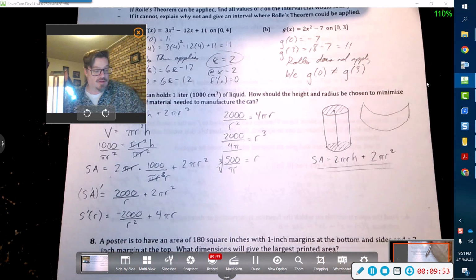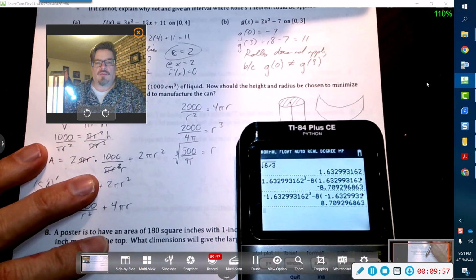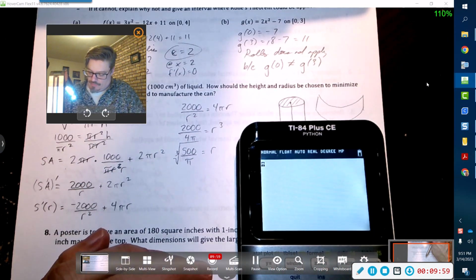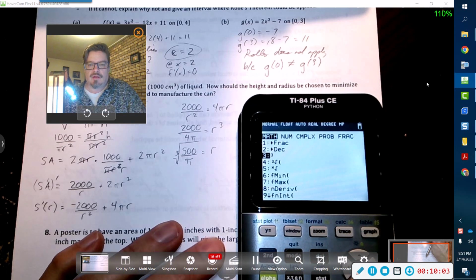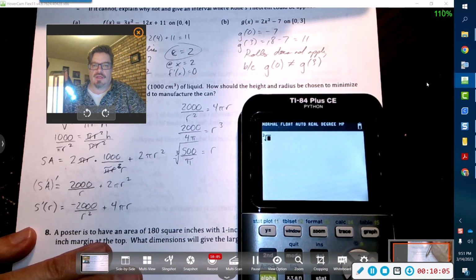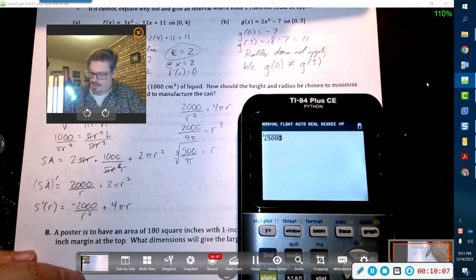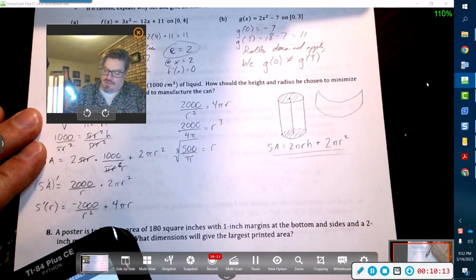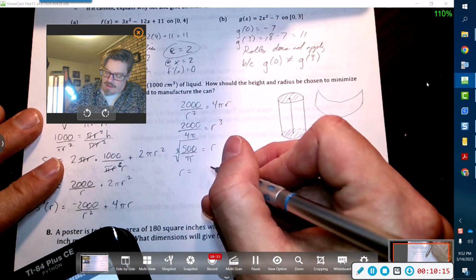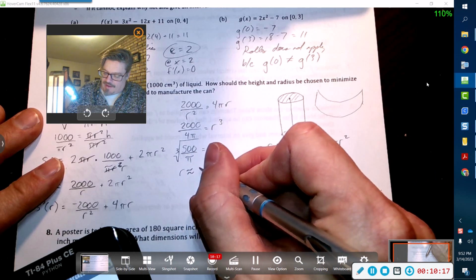All right, calculator time. Cube root is in the math button. So math button number 4, cube root, and we're going to do 500 divided by pi. 5.42. So we'll put approximately 5.42.